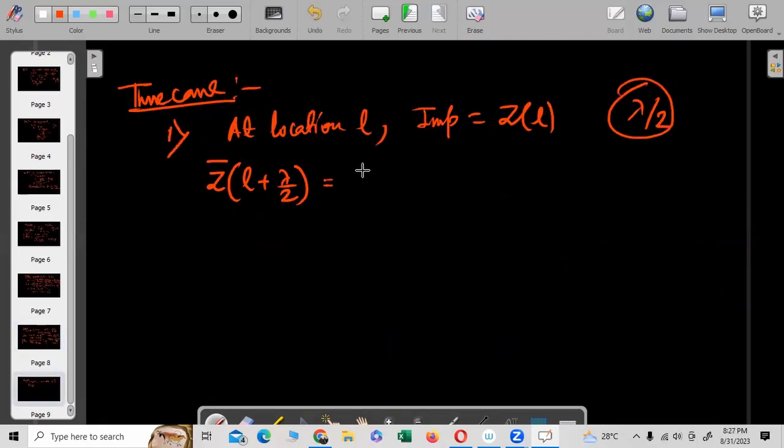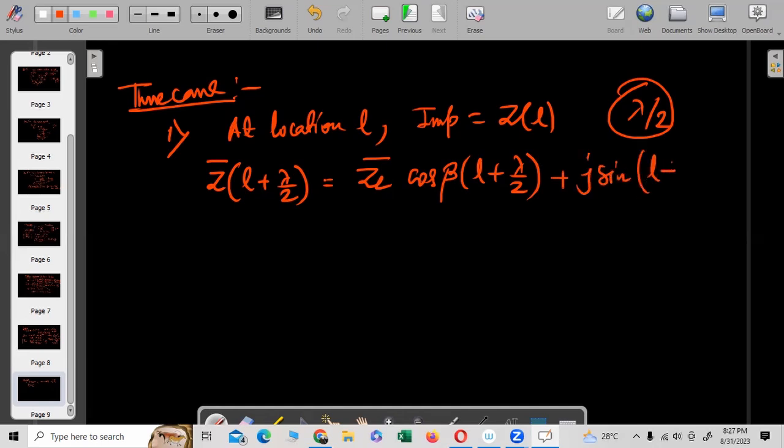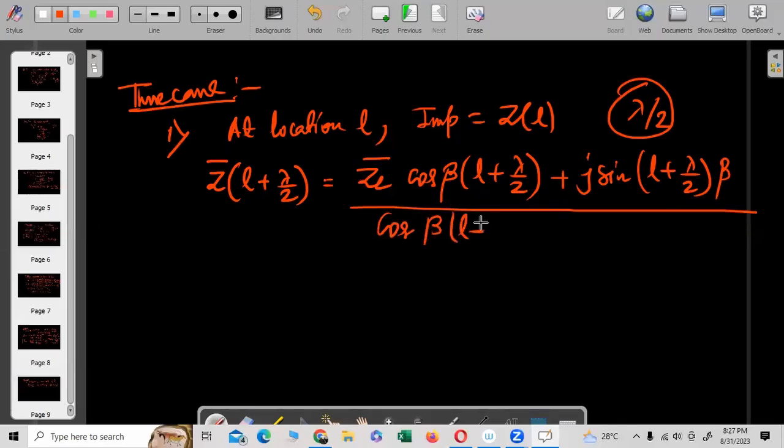So it will come as ZL bar cos beta into L plus lambda by 2, again this will be plus j sine beta into L plus lambda by 2, divided by cos of beta L plus lambda by 2 plus j ZL bar sine beta L plus lambda by 2.